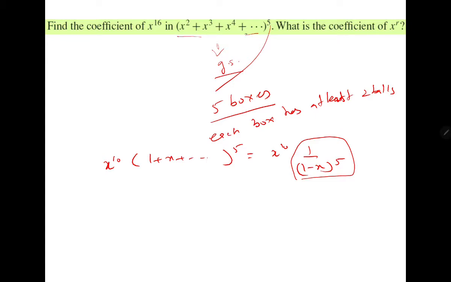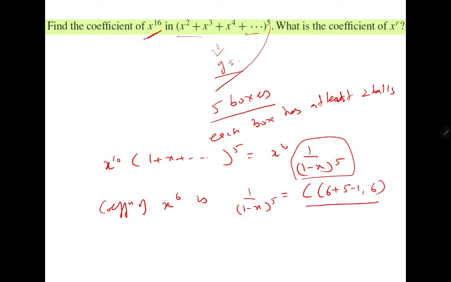The problem gets transformed into looking for the coefficient of x raised to the power 16, which is the same as the coefficient of x raised to the power 6 in 1 by (1 minus x) raised to the power 5, which is C(r plus n minus 1, r). So C(6 plus 5 minus 1, 6), with n as 5 boxes, is the required answer.